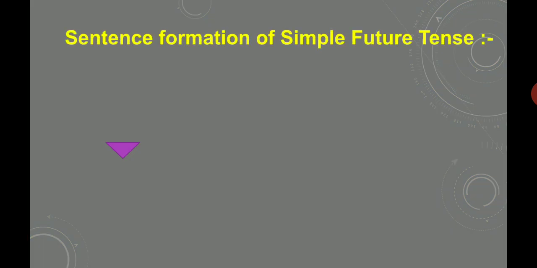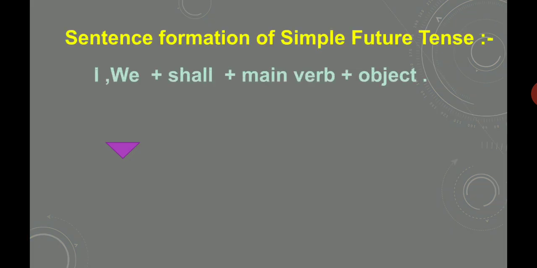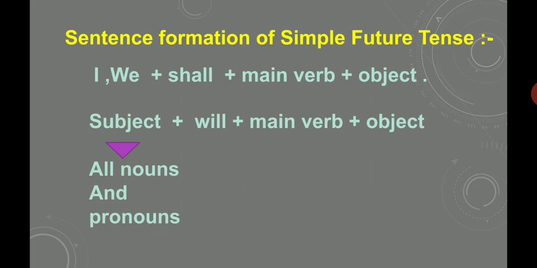Let's see the sentence formation. With I and we, shall or will, both. But I have mentioned here only shall, just because you have remembered that shall is used only with I and we, then main verb and then object. And again, I make another point: subject, will, main verb, object, and I have written here all the nouns and all the pronouns.